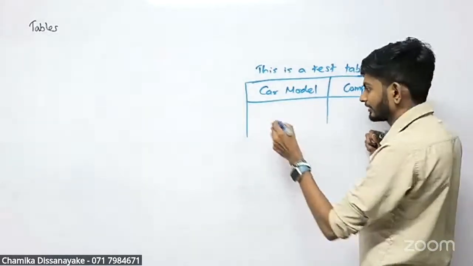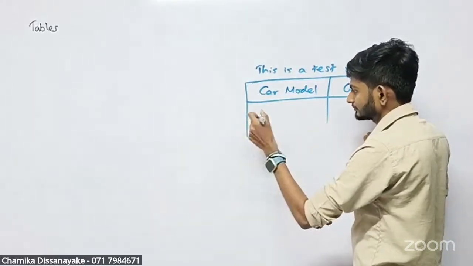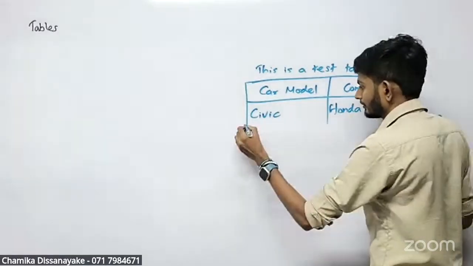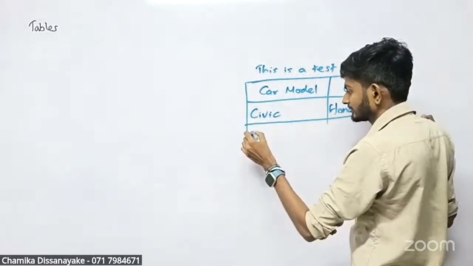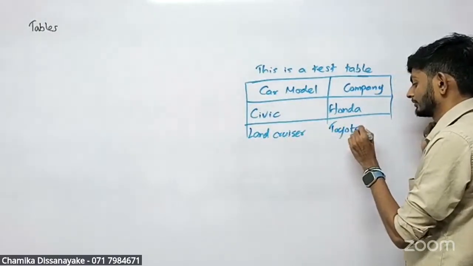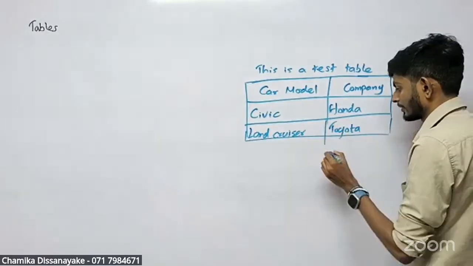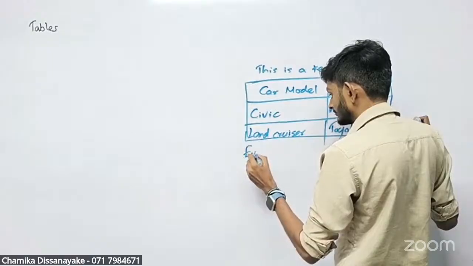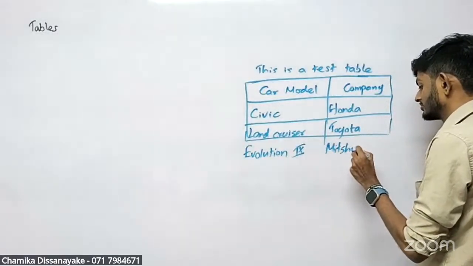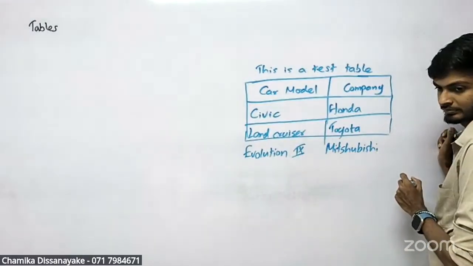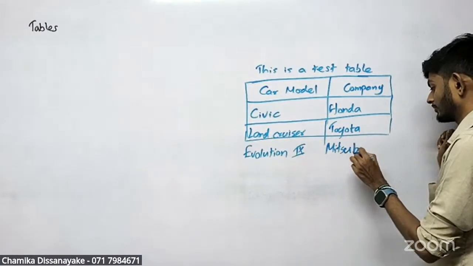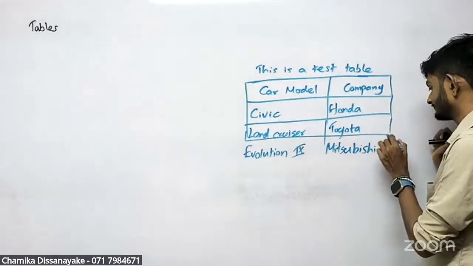Then we have items: Civic, Honda, and then Land Cruiser, Toyota, and then Evolution 9, Mitsubishi.